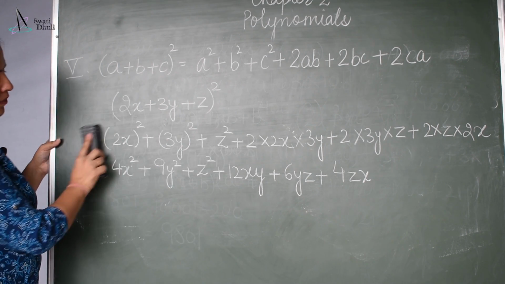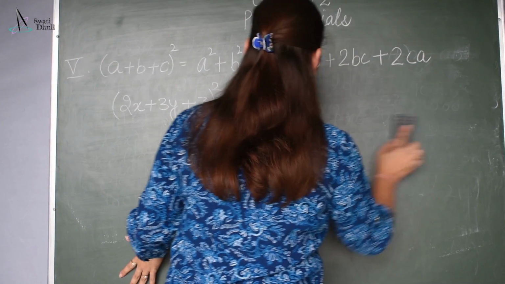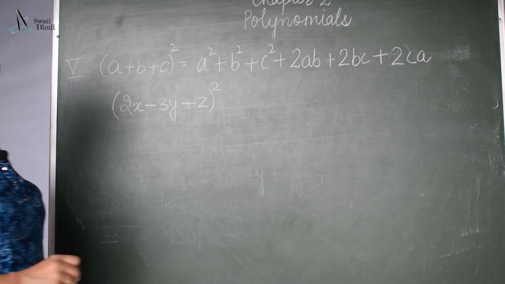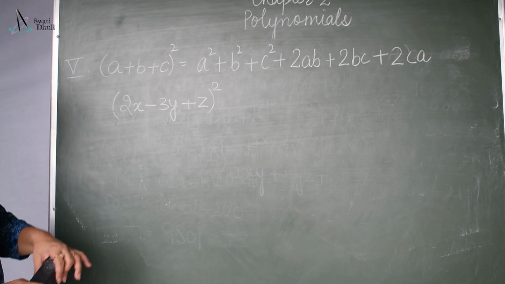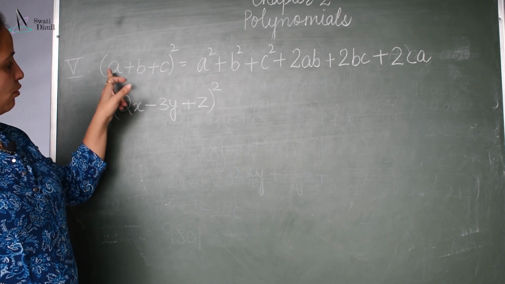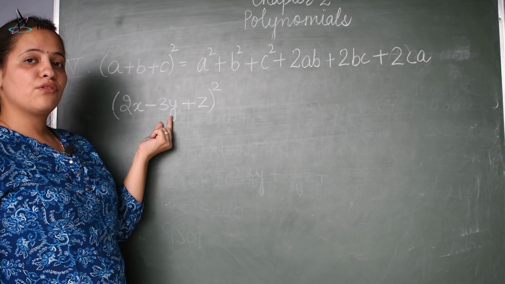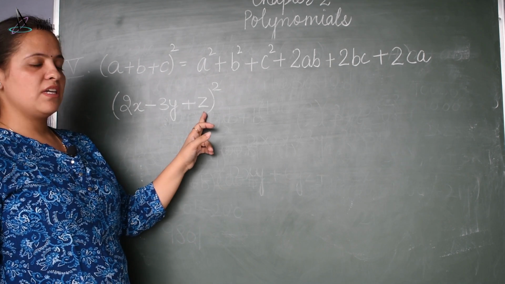Now let's take one more example where students get confused: if I have (2x − 3y + z) whole square. Now just look here. In place of a, you have 2x. In place of b, now you don't have 3y but minus 3y. And in place of c, we have z.